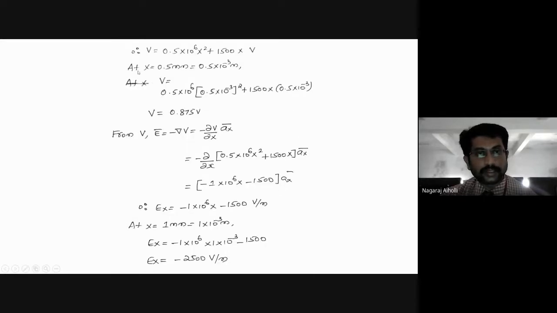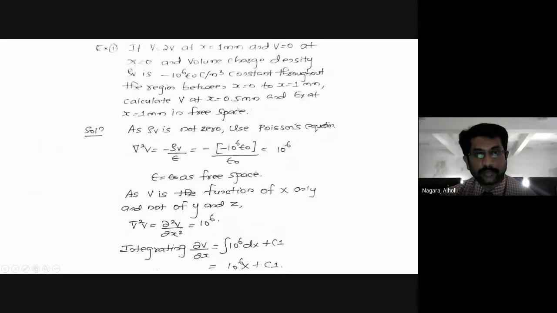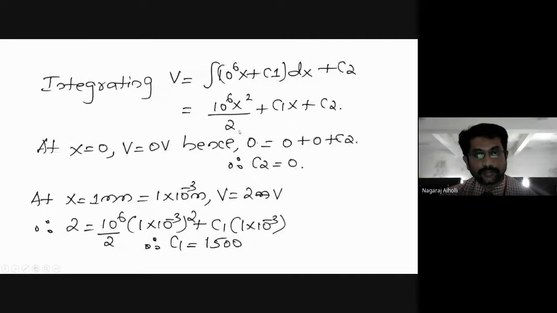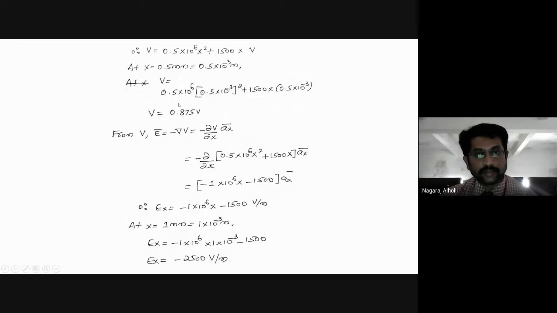Fine. At x equal to 0.5 millimeter, we are supposed to find V. Substitute the value of x. That is, V will be equal to 0.5 into 10 raised to 6 x square, where x is 0.5 into 10 raised to minus 3, squared, plus 1500 into 0.5 into 10 raised to minus 3.